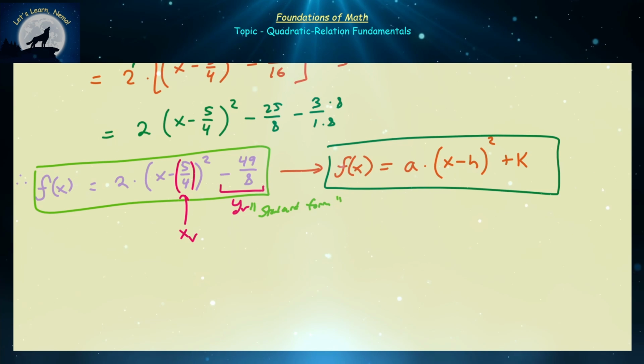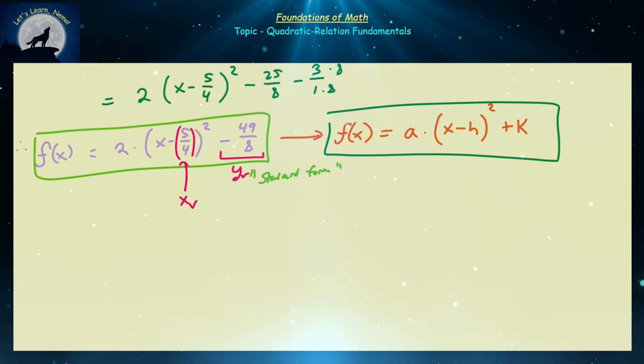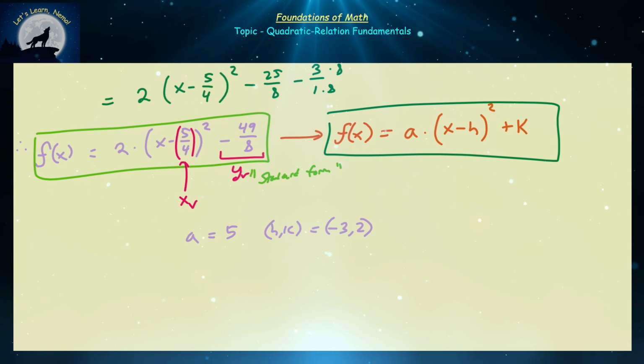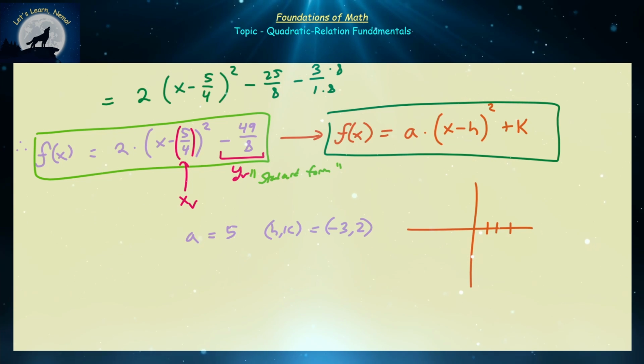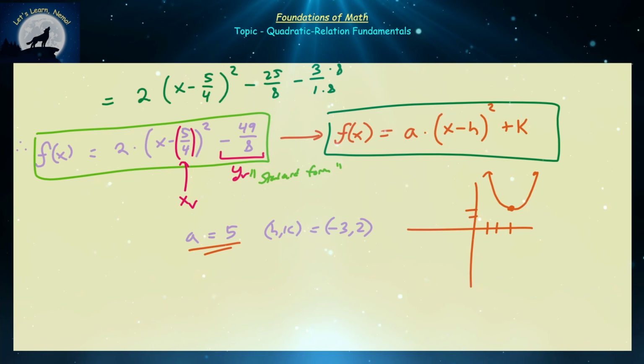If you remember transformations of parabolas, for example, let's assume that we have an a equal to 5 and a vertex equal to, say, (minus 3, 2). What does that mean? That means we're shifted to the right 3 units and up 2 units. So this would be our parabola. Technically it's not drawn to scale, but it would be facing upwards since a is positive.